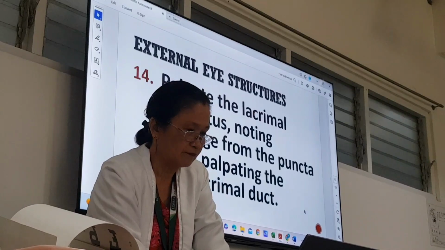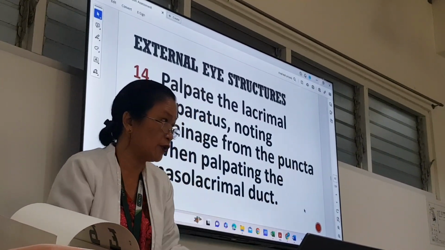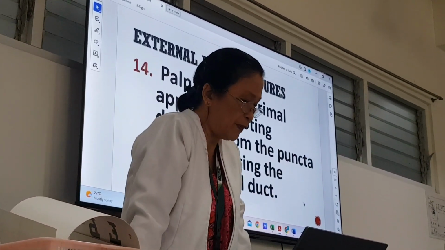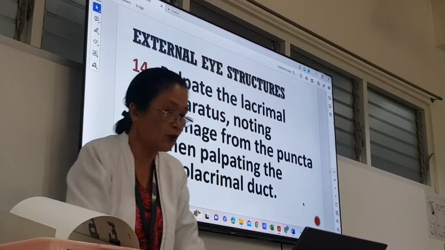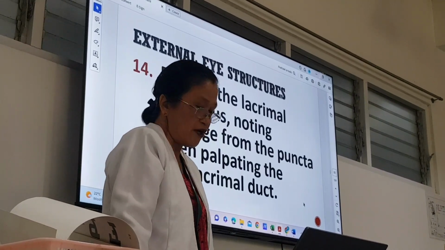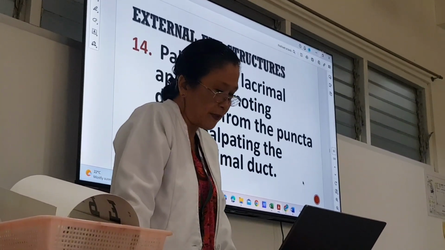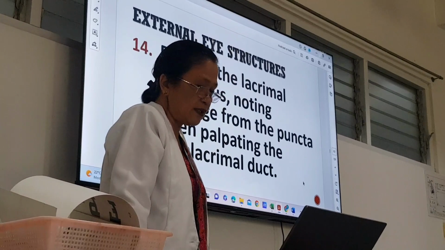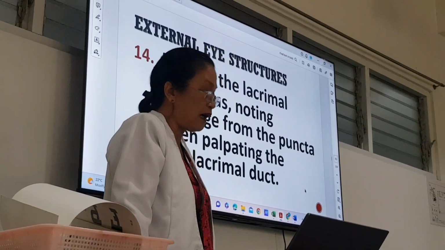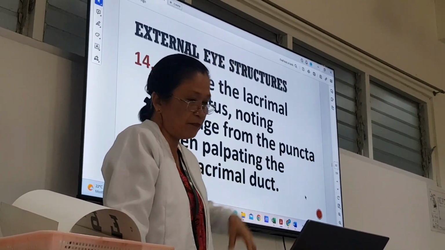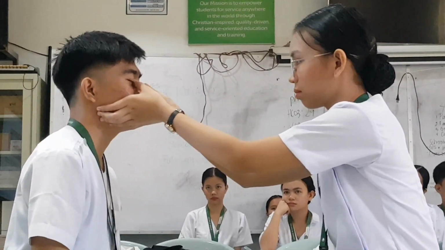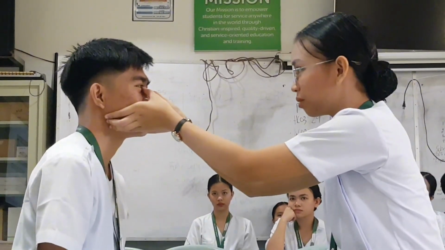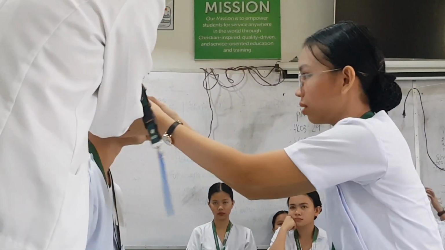Okay. So now, we go now to palpation of your lacrimal apparatus. When you palpate the lacrimal apparatus, you must know also if there's any drainage from the puncta when palpating until to the nasolacrimal duct. Okay, can you kindly palpate the lacrimal apparatus sa mata, upper eyelid, lacrimal.